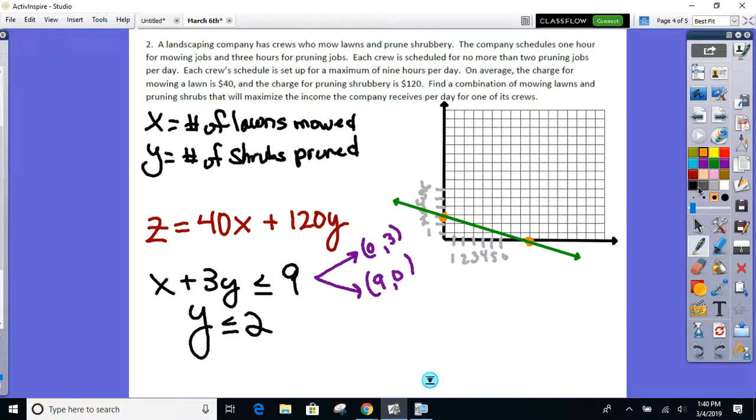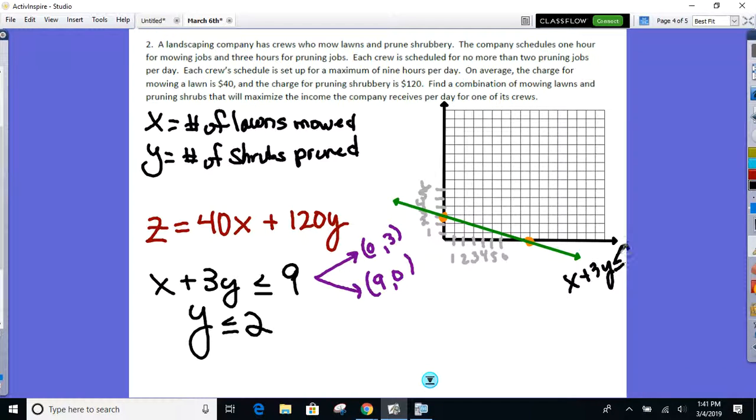Label. Hey, is this a shade down or above? Down, 0, 0 works, so it's shade down.